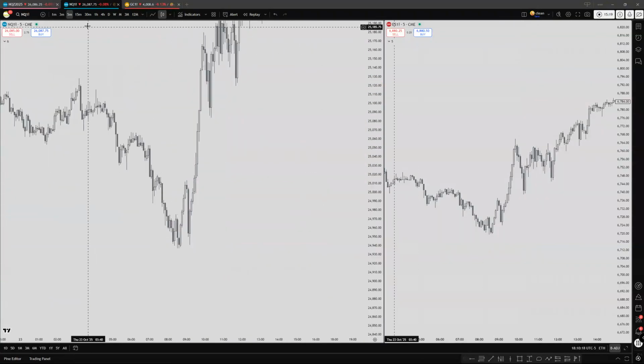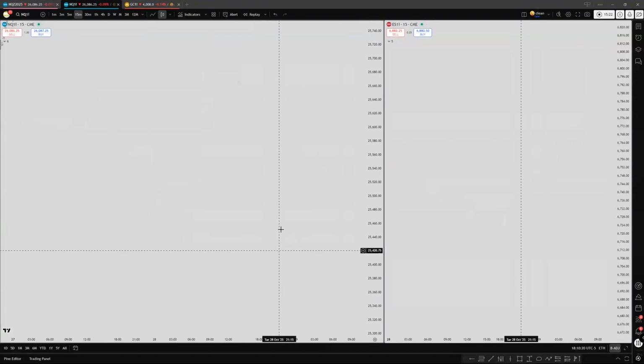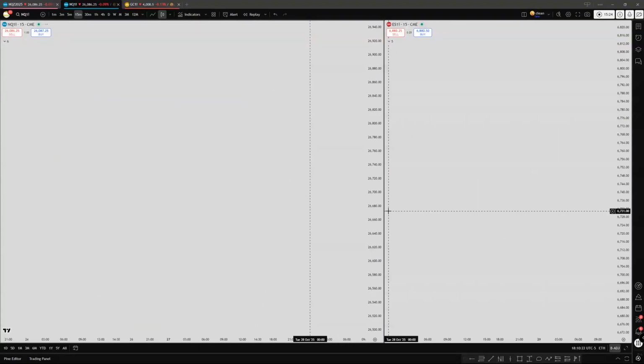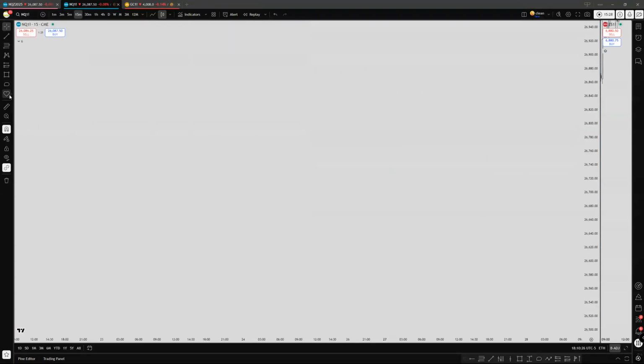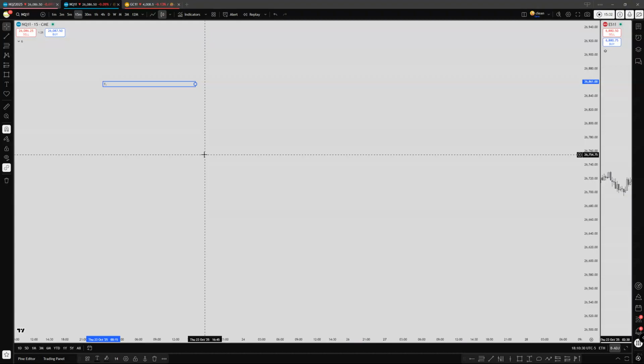So the checklist is, first you want to look for, let me bring up the text. First you want to look for high/low to be taken with SMT, and it's not needed, but it's preferred.